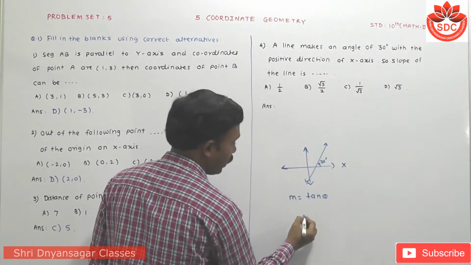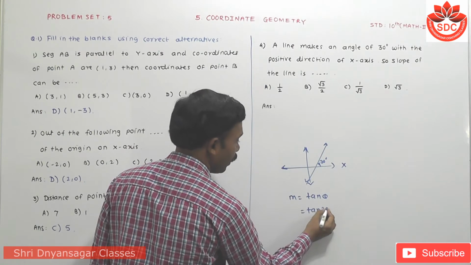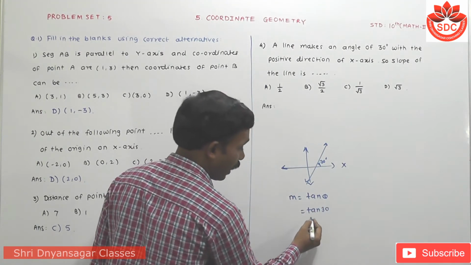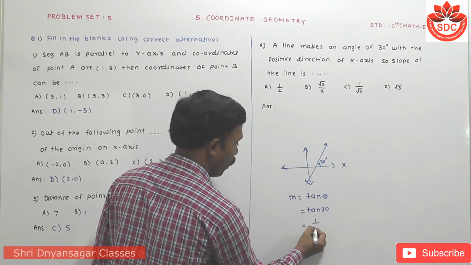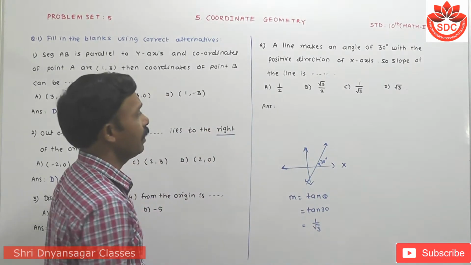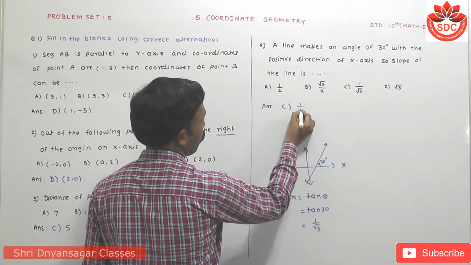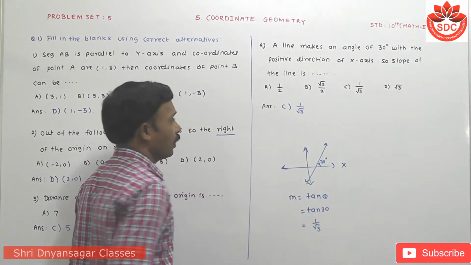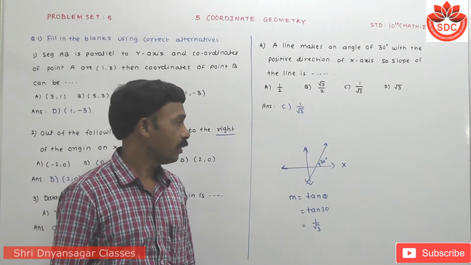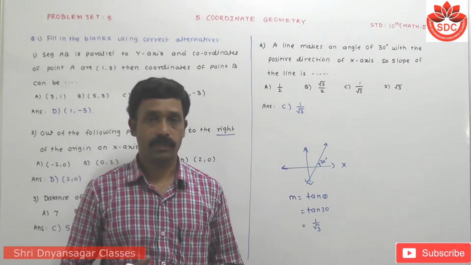Here theta is 30 degrees, so tan 30 degrees. Students, all of you know the value of tan 30 is 1 upon root 3. So the answer is C, 1 upon root 3.